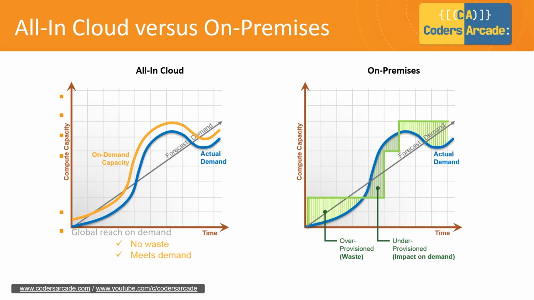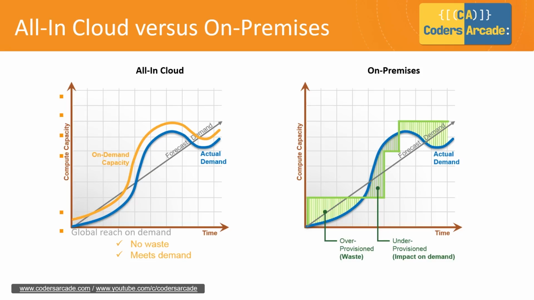Even before you know that this many clients will be coming to your server or your system, you have to be ready for that. But in case of all in cloud, you don't have to bother about that. You can upscale or downscale in just a simple click. Okay, that is a very important factor of all in cloud services.